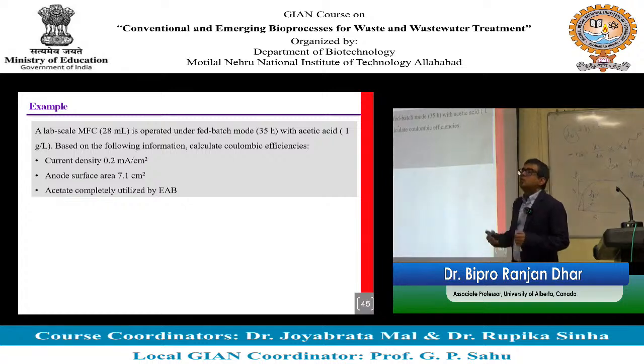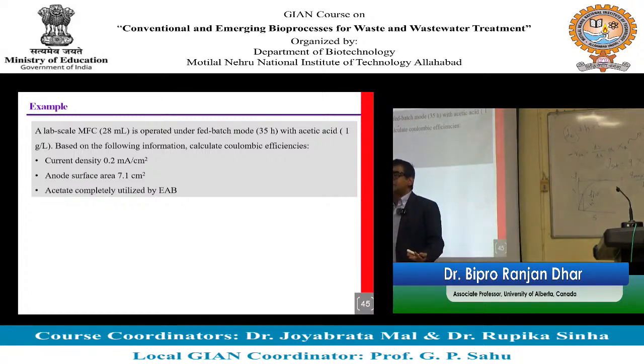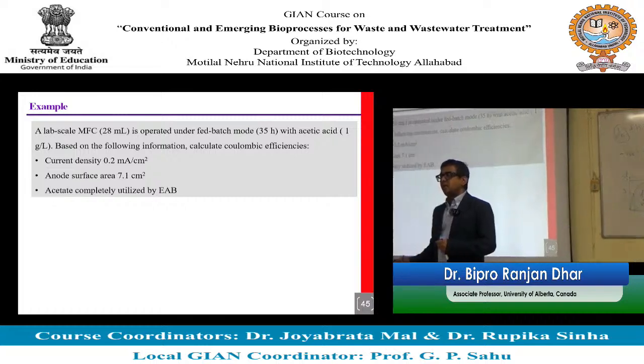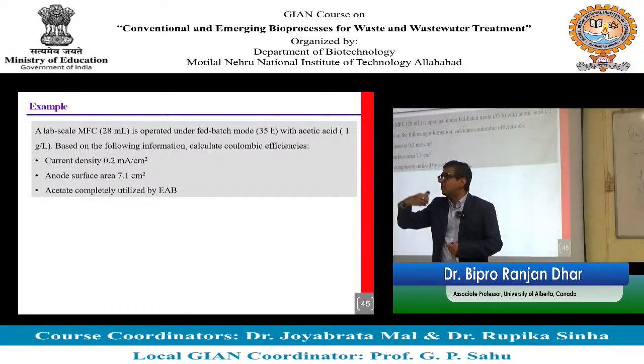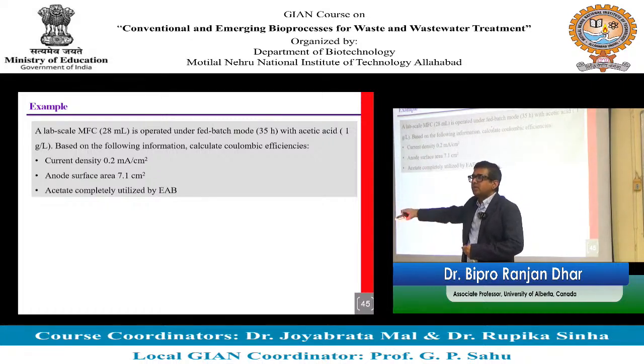So to estimate Coulombic efficiency, what do I need? I need how much Coulomb I got from the substrate, the electron donor, and how much Coulomb I am getting as electricity. The ratio of both gives me the Coulombic efficiency.